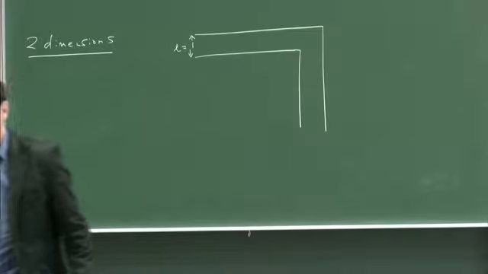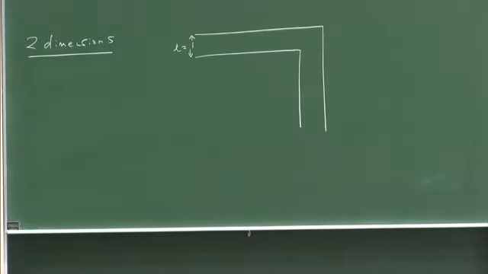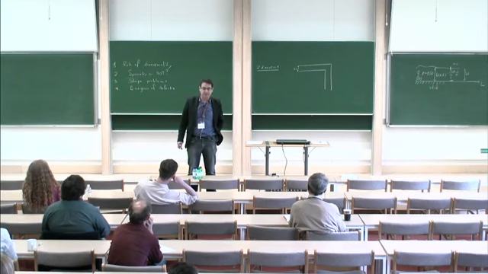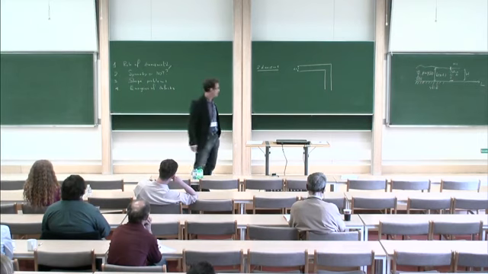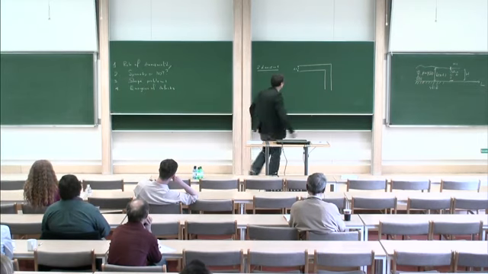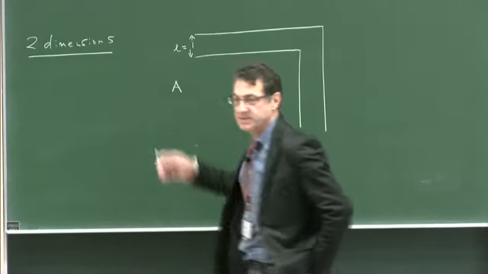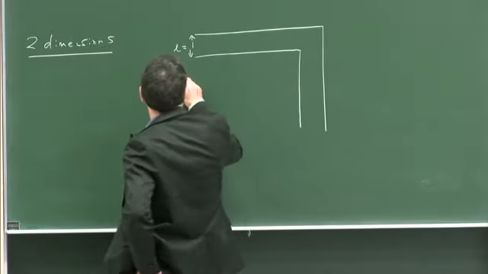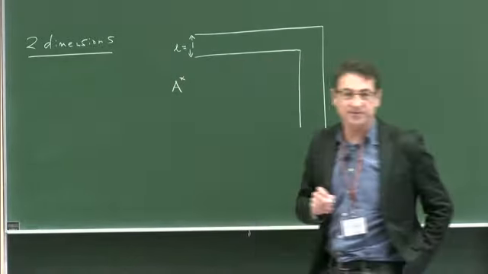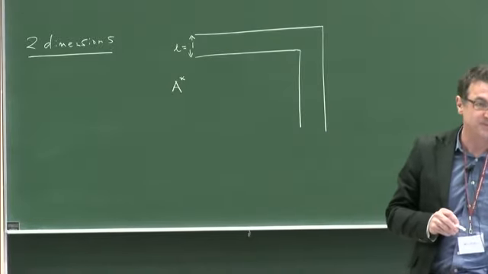And you want to know the shape of the largest area sofa that you can maneuver around this corner. So it'll have some area divided by L squared, which is 1 here, some optimal area A, and you want to find that shape.